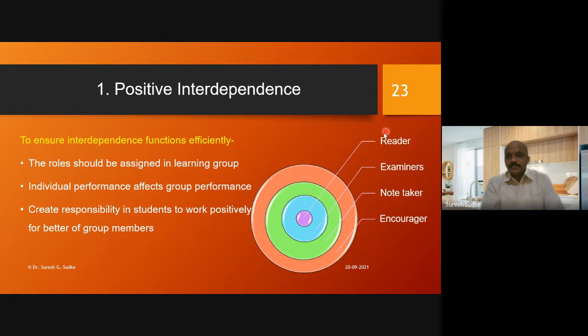While the first person is reading the concept, the second will take notes. And the third one will examine those notes: are there any mistakes in those notes? That is examined by the examiner. And the fourth one is the encourager. To conduct this activity every time, one person works as a catalyst for completing the task very, very effectively.